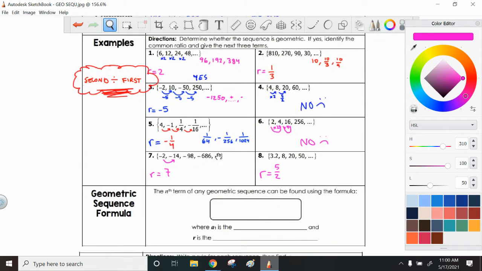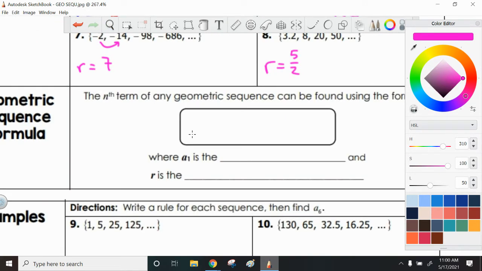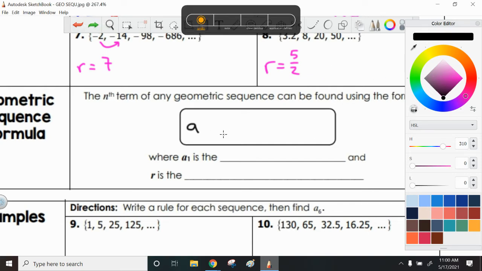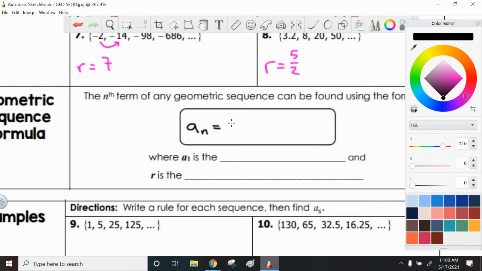All right. Now the geometric sequence formula is going to sound very familiar. It's going to be term n, which is going to be the first number. Instead of being added the difference a whole bunch of times, it needs to be multiplied by the ratio a whole bunch of times.